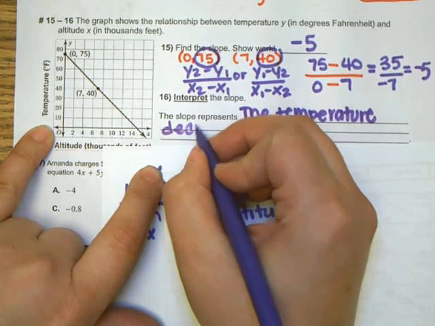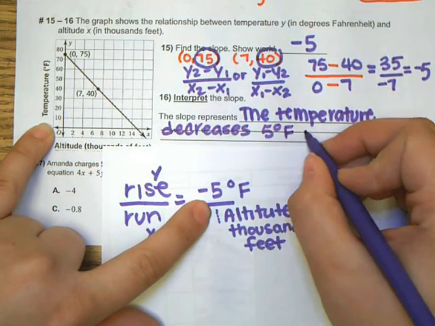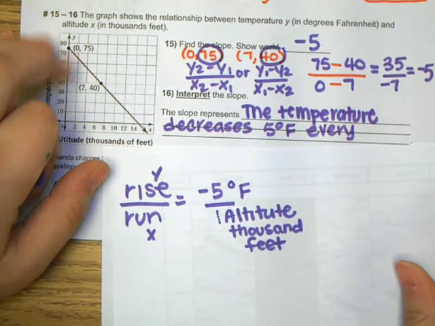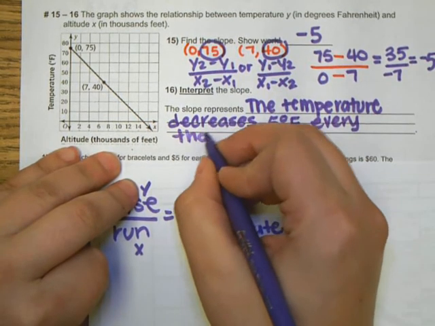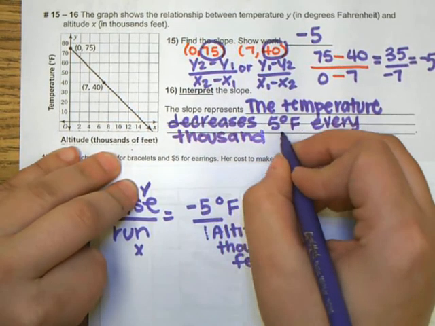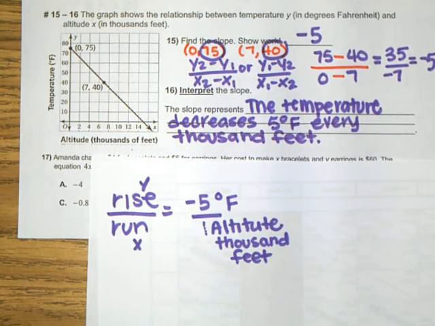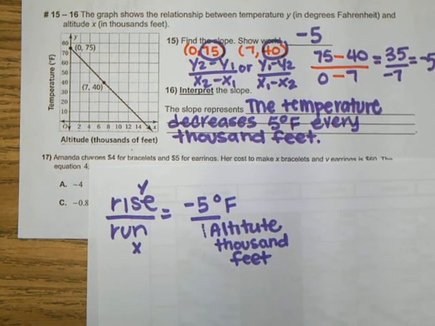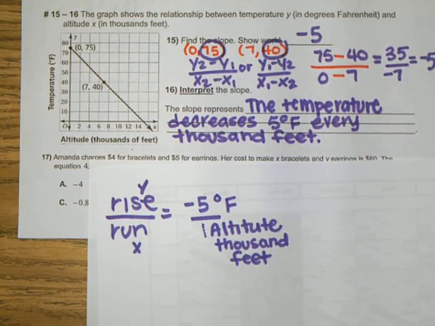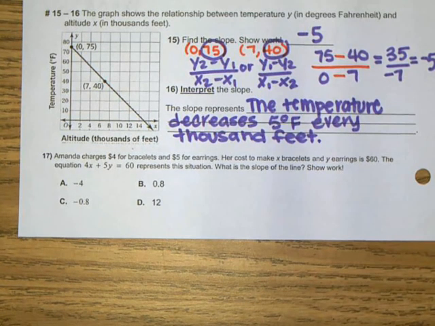So we would say that the slope represents the temperature decreases 5 degrees Fahrenheit every, or per, you could either use the word every or per 1,000 feet. So for every 1,000 feet.